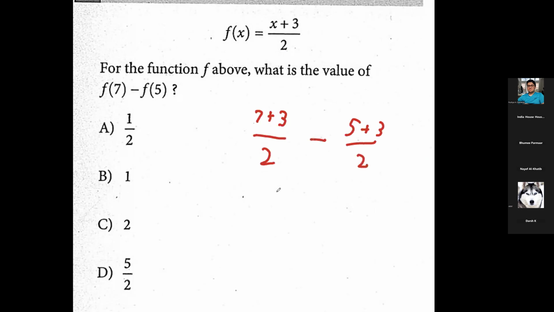We subtract these two. 7 plus 3 is 10 over 2, which is 5, minus 5 plus 3 is 8 over 2, which is 4. So 5 minus 4 is equal to 1. So the correct answer is answer choice B.